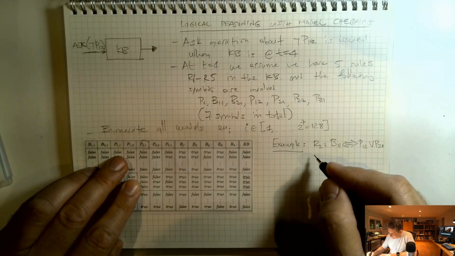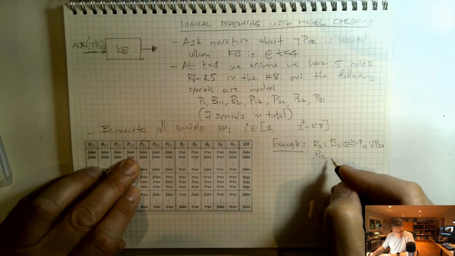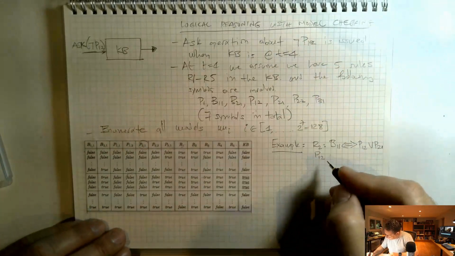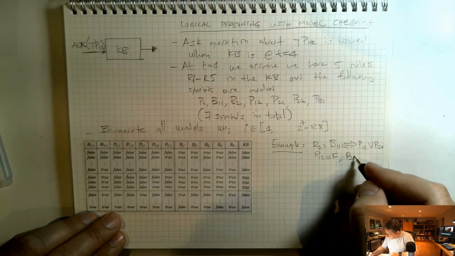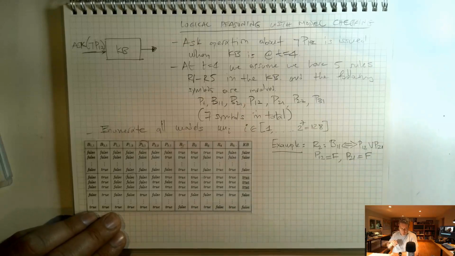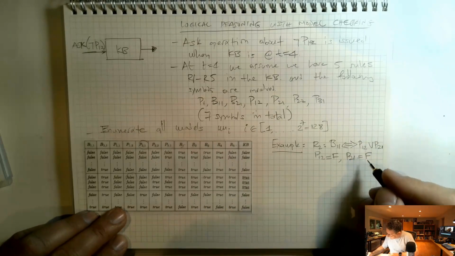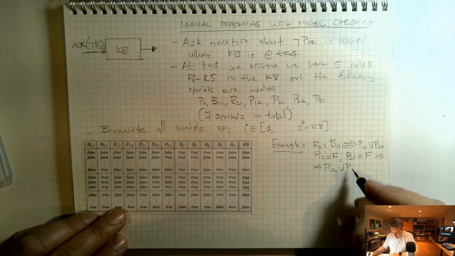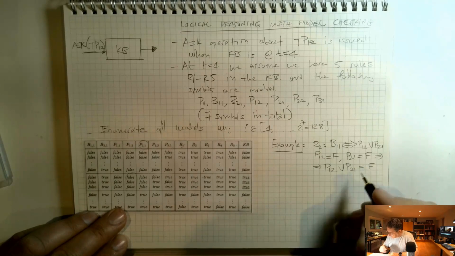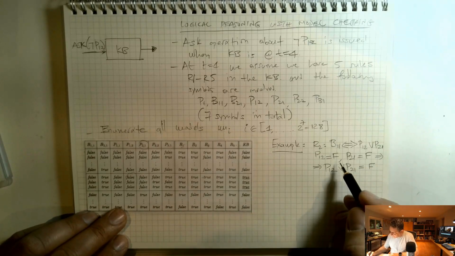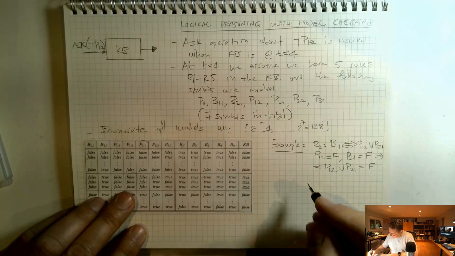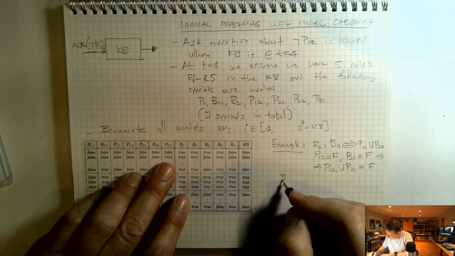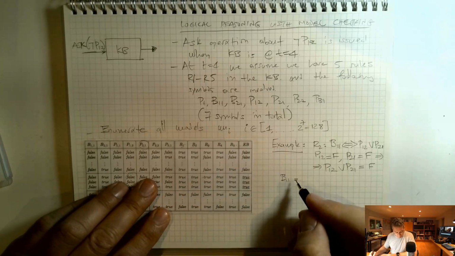We have P12 is false, and P21 is also false. So definitely P12 or P21 is false, and therefore B11 is false.